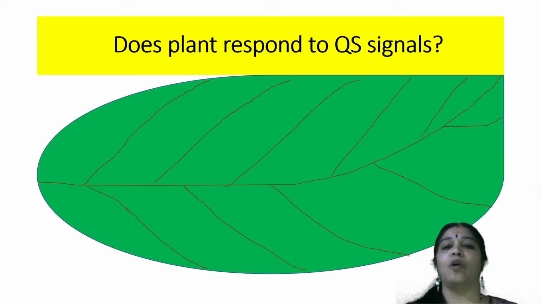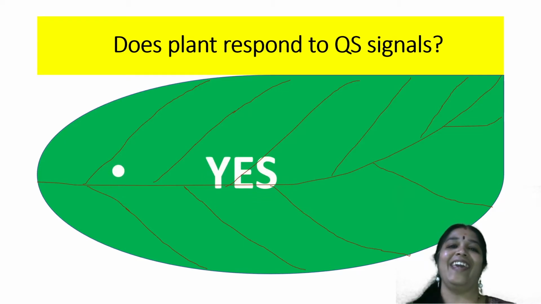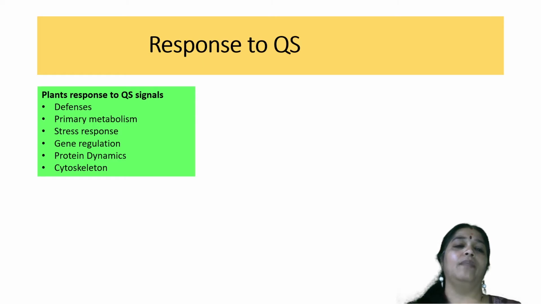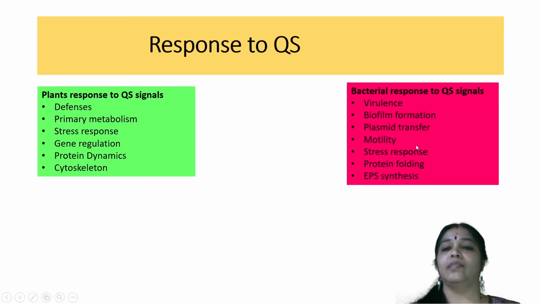Does a plant respond to QS signals? Yes. Plant response to QS signals: defense, primary metabolism, stress response, gene regulation, protein dynamics, cytoskeleton formation. Bacterial response to QS signals: virulence, biofilm formation, plasmid transfer, motility, stress response, protein folding, and EPS synthesis.